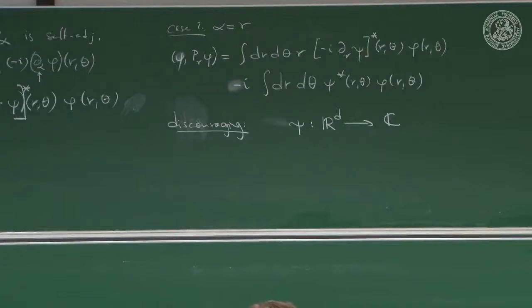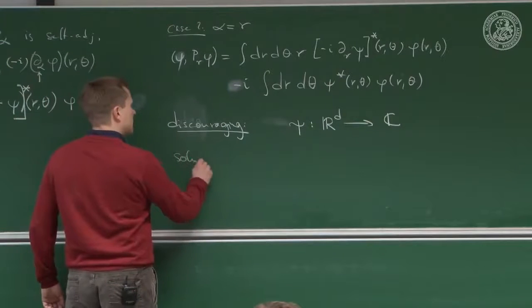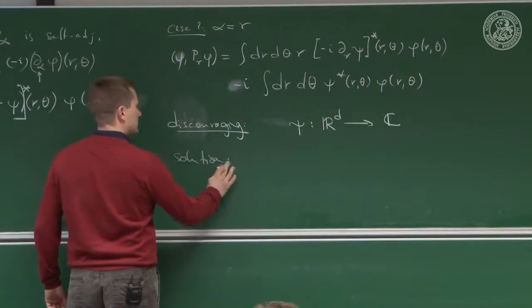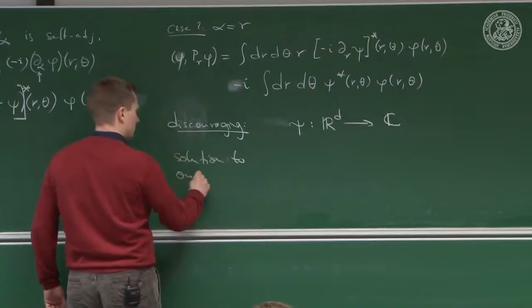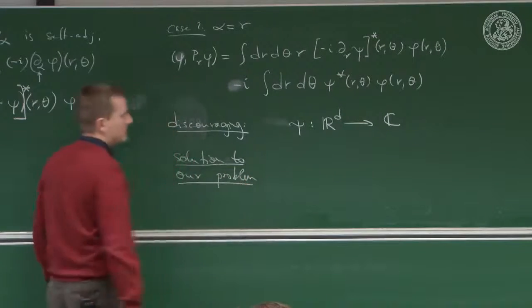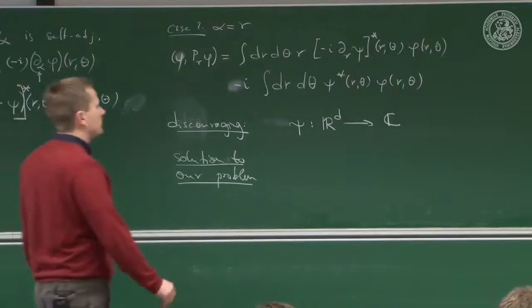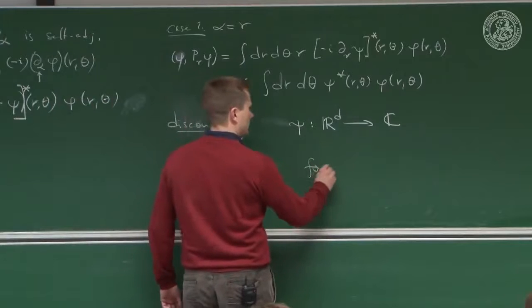And the solution to the riddle is to get rid of exactly, so the solution to our problem, namely to use other than Cartesian coordinates, any other than Cartesian coordinates, a solution to the problem is to forget about this.